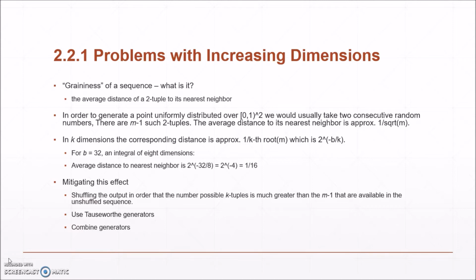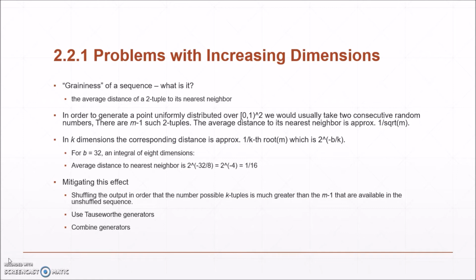You want to look at the average distance to its nearest neighbor. Really, what you look at is that its average distance to its neighbor is approximately 1 over the square root of m. So now if we take that to the kth degree, in k dimensions, the corresponding distance is approximately 1 over the kth root of m, which is 2 raised to the negative b over k.